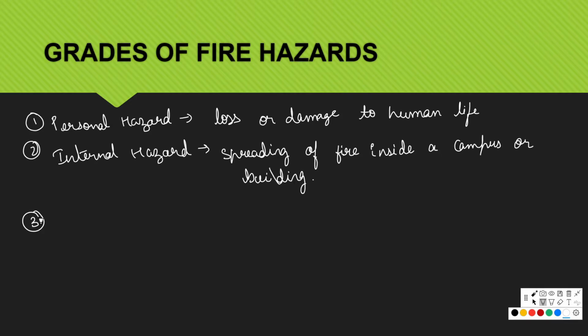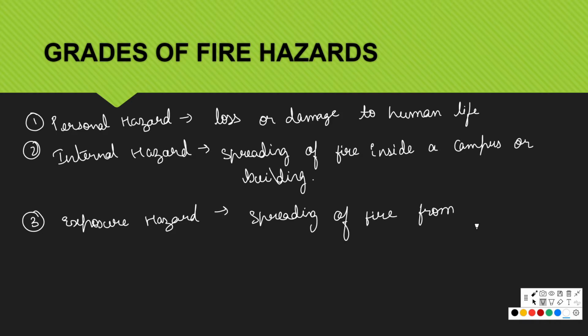Third one is exposure hazard. This hazard is due to an exposed fire accident, for example, spreading of fire from an adjoining building or campus. So these are three important grades of fire hazard.